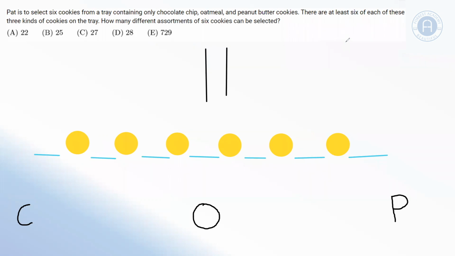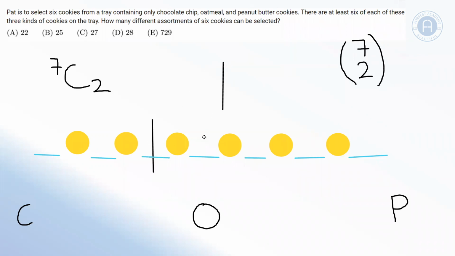And the way we do that is we're going to do 7 choose 2. Now we can either use our calculator for this, which would be to type in 7 choose 2, or we can use the factorial method.